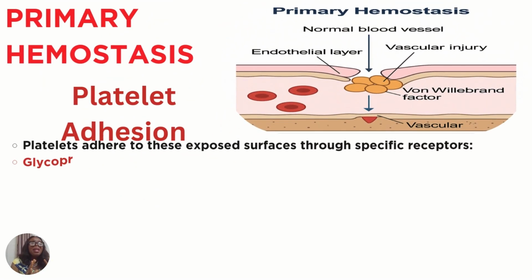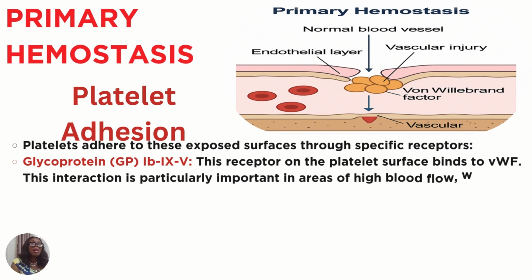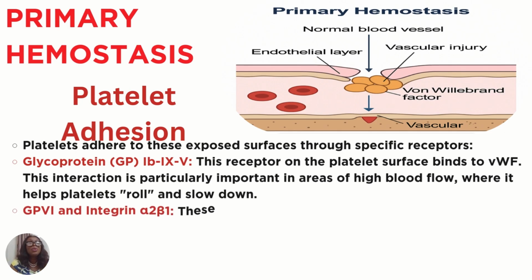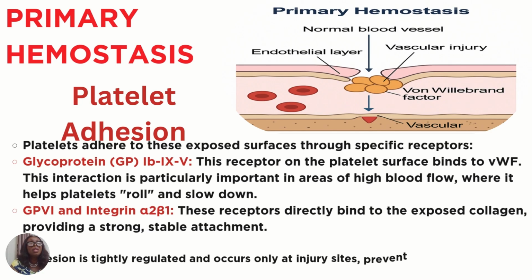Platelets adhere to these exposed surfaces through specific receptors, the receptors we mentioned earlier, found on the surface of the platelet. The number one receptor is a complex, the glycoprotein 1b-9. This receptor binds to von Willebrand factor, and in doing so helps the platelet adhere to the exposed surface of the endothelium.